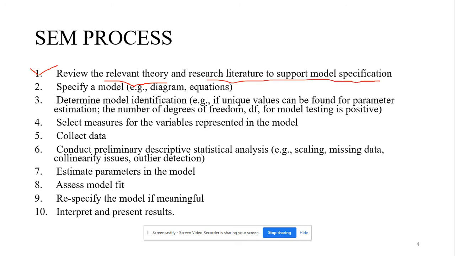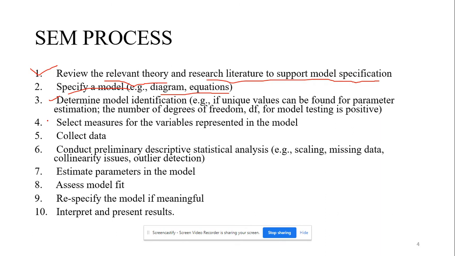We make statements about a model, about a relationship between the variables and about a particular theory. We specify the model using statistical equations and the path diagram, and then we determine the model identification. If unique values can be found for parameter estimation, the number of degrees of freedom for model testing should be positive.